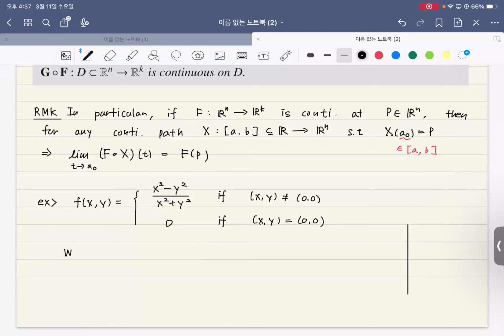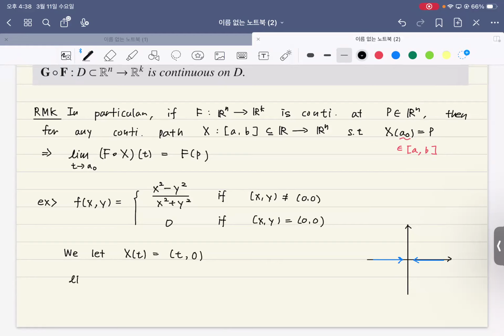So this is the plane. This is the domain of function f. And this is the point in question, the origin. And we will take two different paths. The first one is this one. We let x(t) be t comma 0.